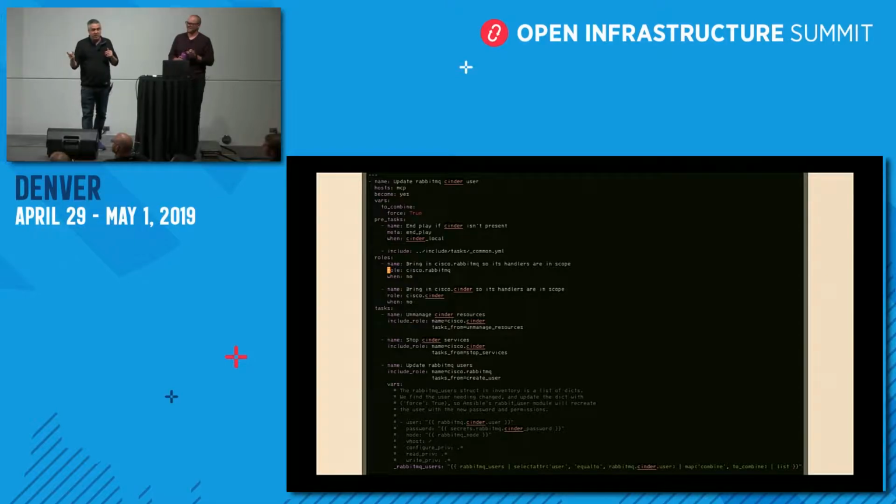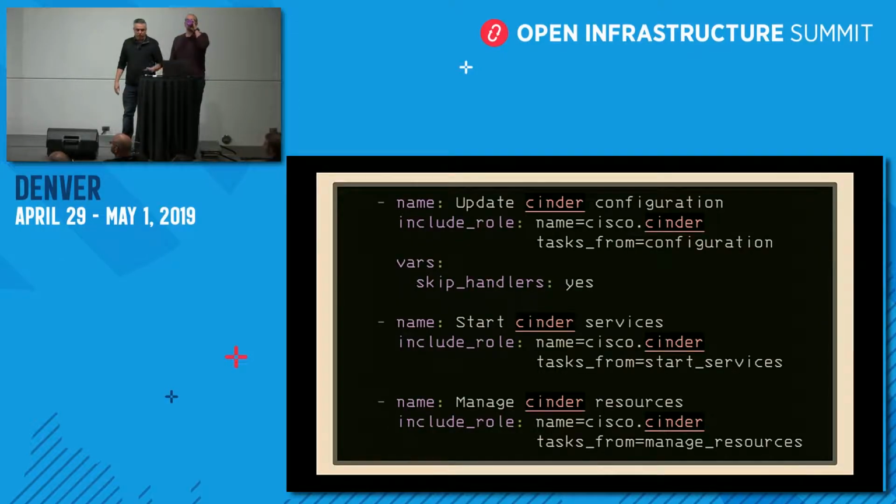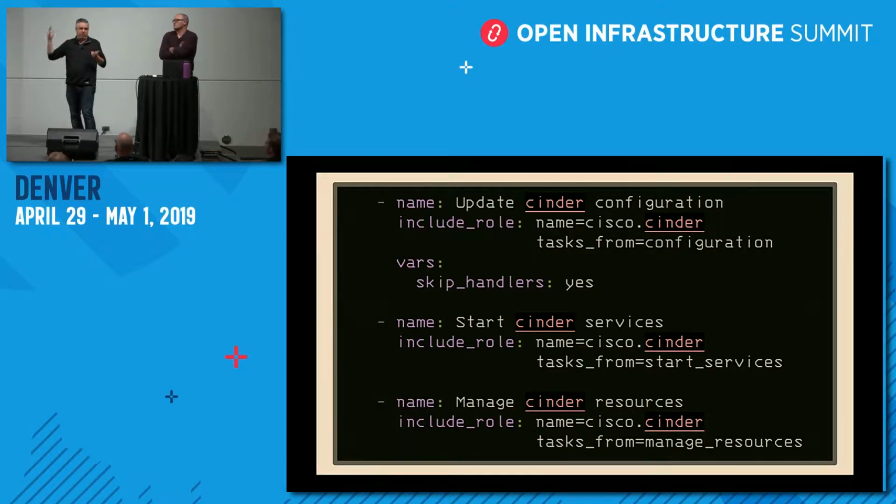Then we have a little task that will look up the password from our inventory and change just that specific password for Rabbit. Once we've done that, we start the services back up. The skip handlers that you see in there are unique to us, but the point is we're not relying on handlers to see a change and restart the service. We're explicit with it ourselves.